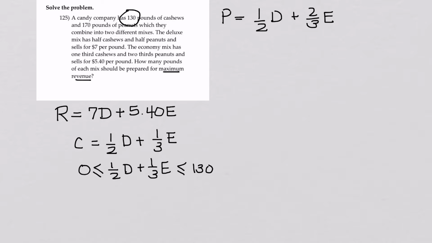I'll take this expression and say that it also has to be greater than or equal to 0. Can't have a negative amount of nut mixture. And so we have 1/2 D plus 2/3 E, and we know that the peanuts are limited by the fact that we only have 170 pounds of those.